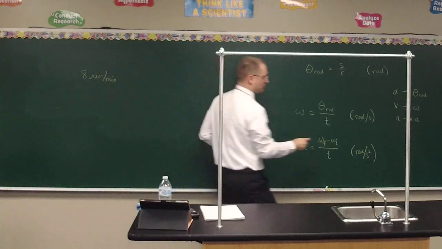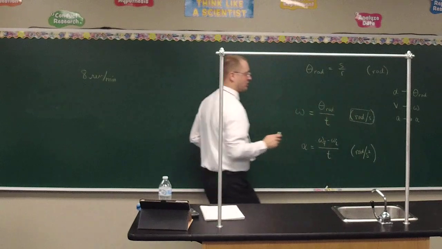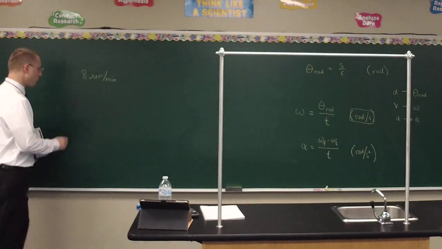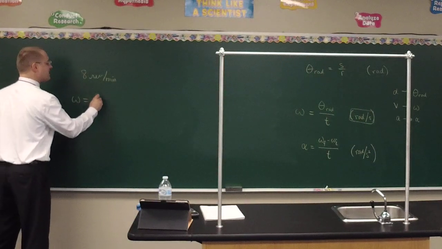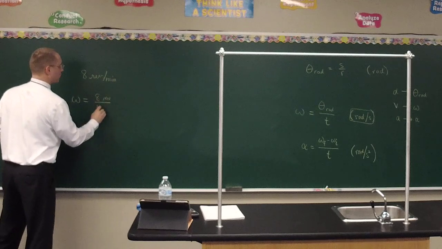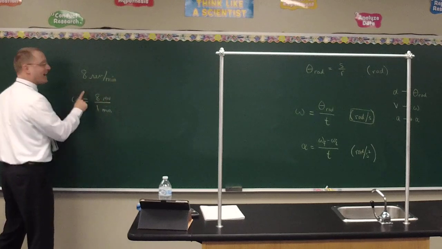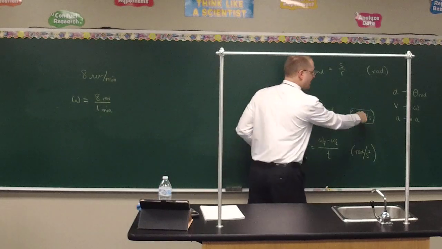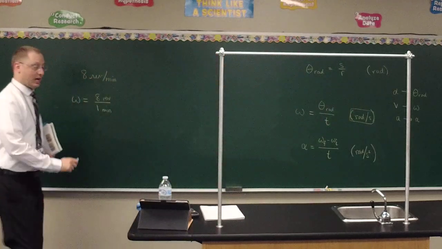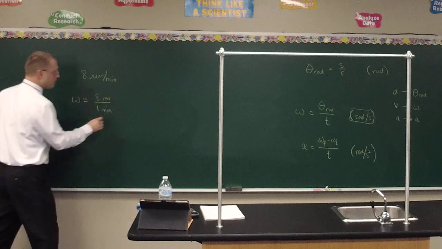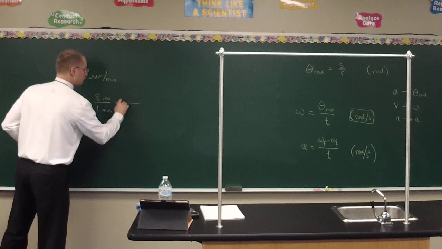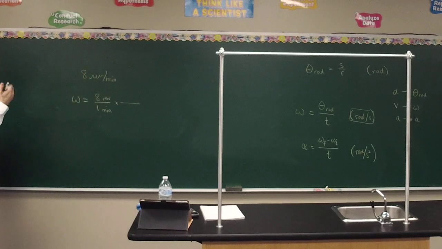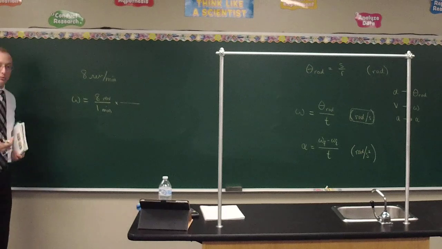But we said speed needs to be radians per second, right? So my omega is 8 revolutions per 1 minute. But I don't want revolutions per minute, even though it's a common unit we use in the US. I need radians per second for science. So I'm going to use some dimensional analysis here. How could I change either minutes to seconds or revolutions to radians?